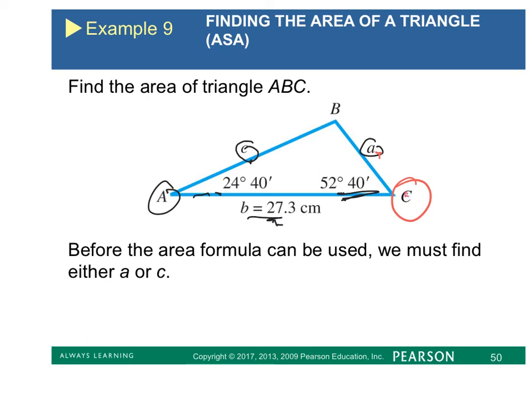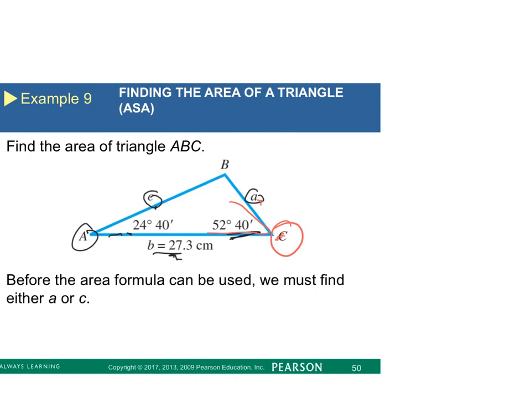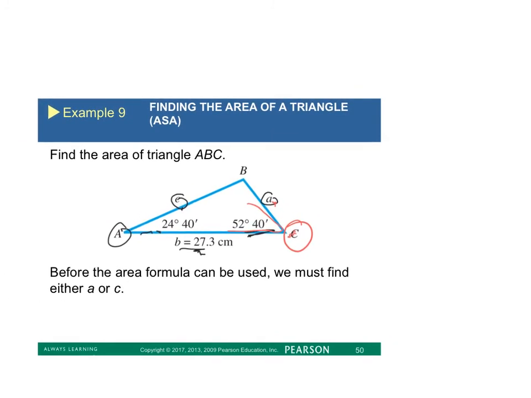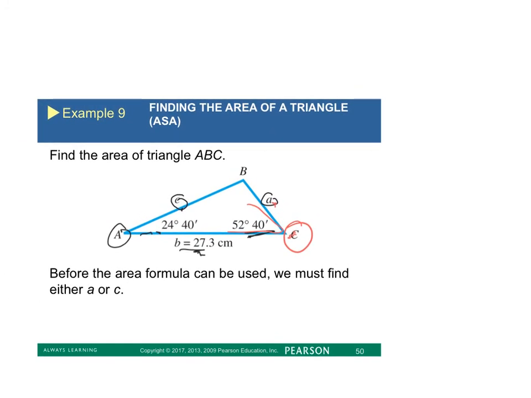So the angle has to be the meat between the bread. Doesn't really matter. You have skills. You have something called the law of sines. Okay, so you've got to decide which one you want to look for.